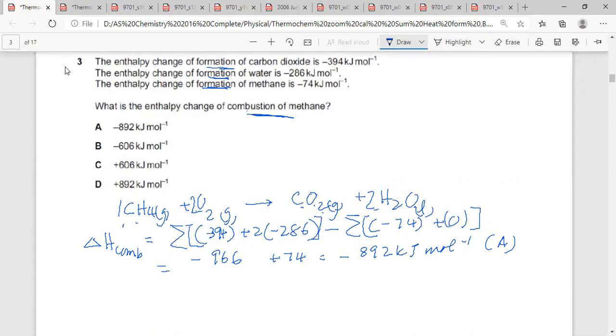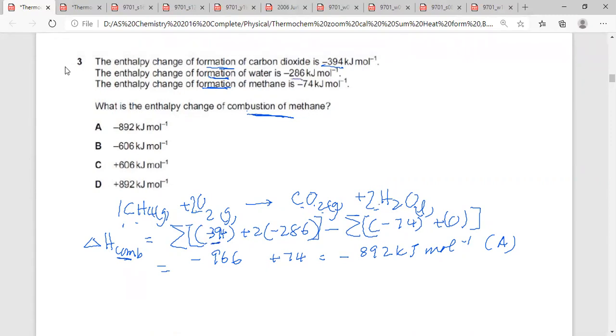Again, you put your formula. Heat of reaction, of course, this reaction is called combustion, so it's a name for this. So summation of the products: carbon dioxide is -394, you see here. 2 moles of water, 2 times -286.